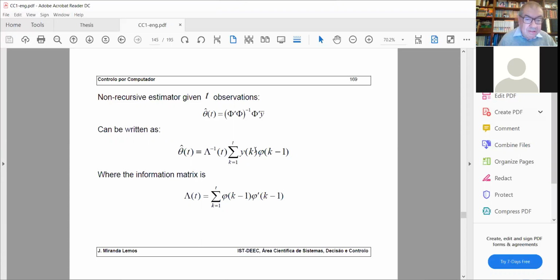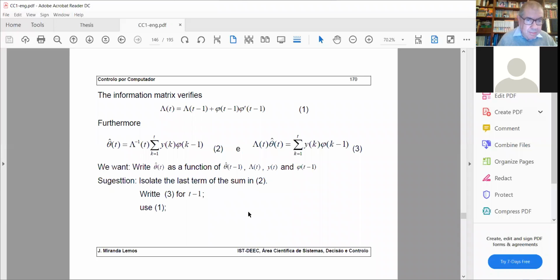Now, what is the advantage of writing the batch estimator in this form? It's because you have summations of the previous data. So if you want to relate the estimate up to time t with the estimate at time t minus 1, probably one strategy would be to isolate the last term in these summations here. So let's do that.